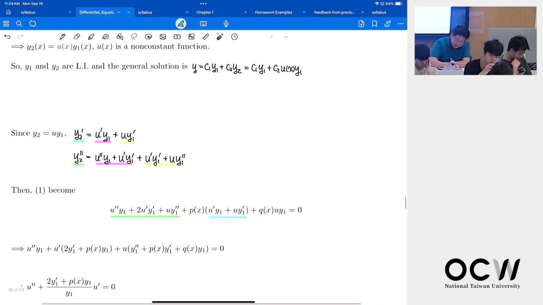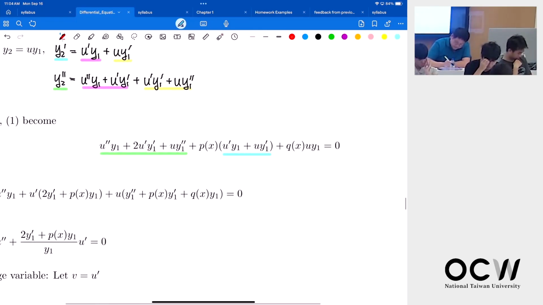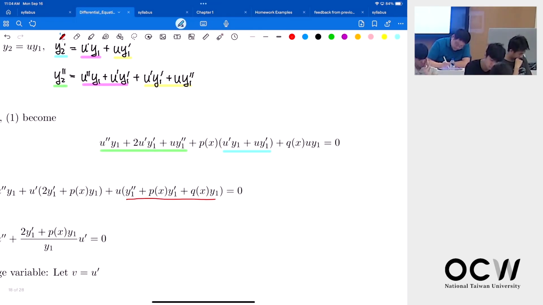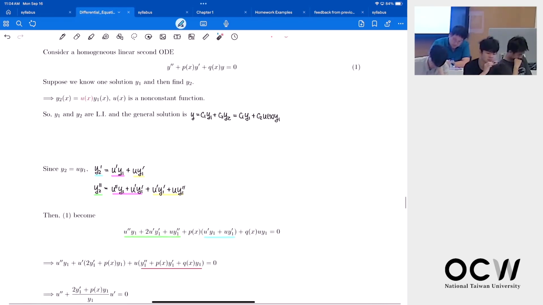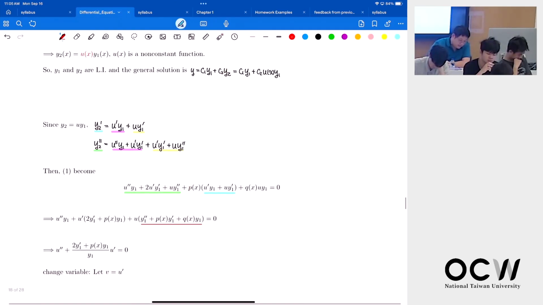And you can see that for this, what is this expression? y1 double prime plus p times y1 prime plus q times y1. That is 0, because y1 is the solution. So that's 0.